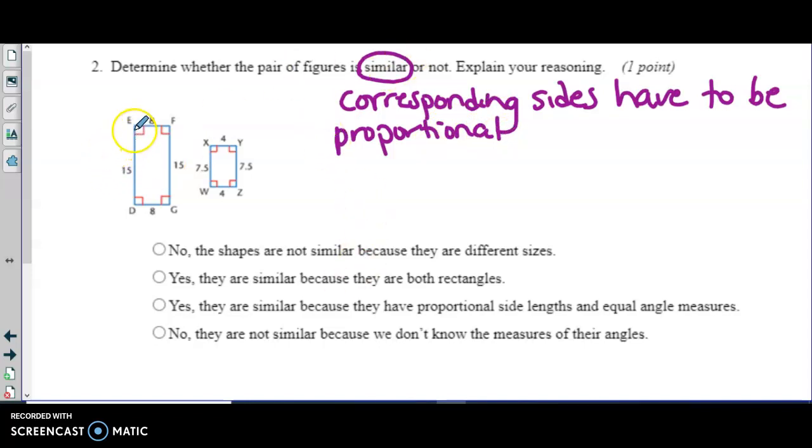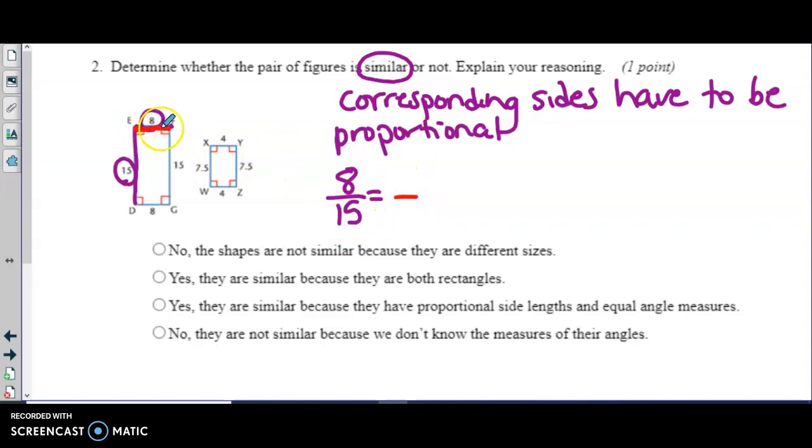All right, so I'm just going to pick any two numbers. Since it's a rectangle, we only have two unique numbers on each. So I'm going to do 15 and 8. Now, when I set up my first fraction, it doesn't matter how I set it up. Honestly, it could be 15 over 8 or 8 over 15. It truly does not matter. So I'm just going to do 8 over 15. But then I have to be really careful that my second fraction matches it.